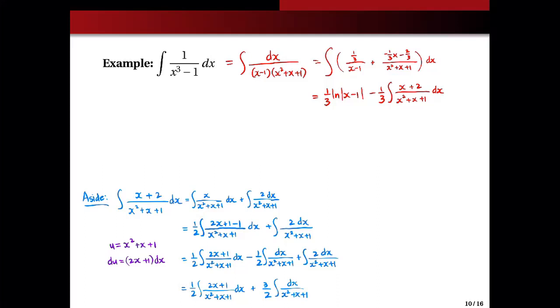To do that, note that your x squared plus x plus 1, if you look at only x squared plus x, and you want to write this as (x plus, say, a) squared, what should be this guy here?